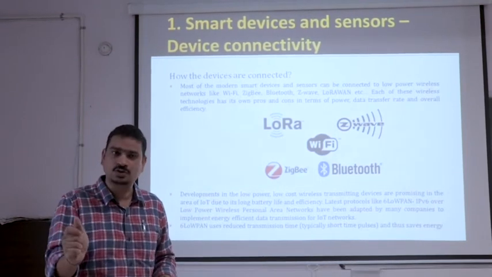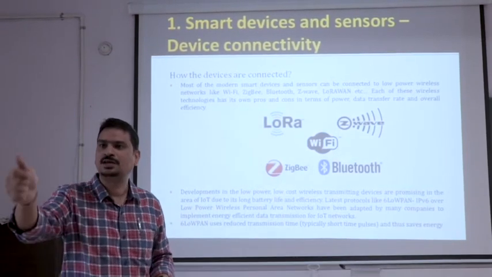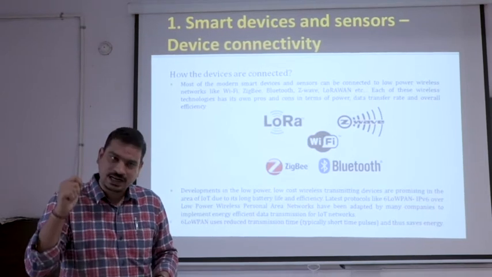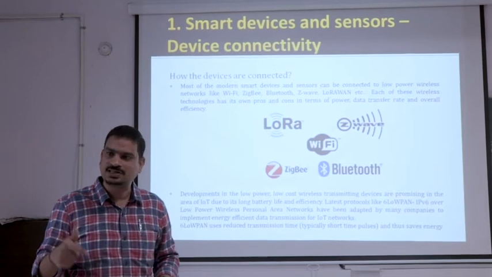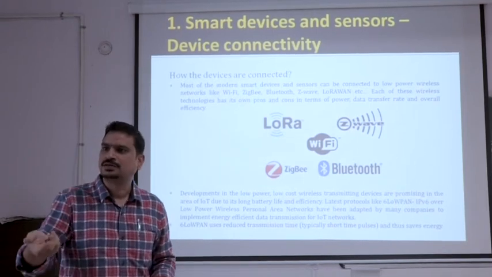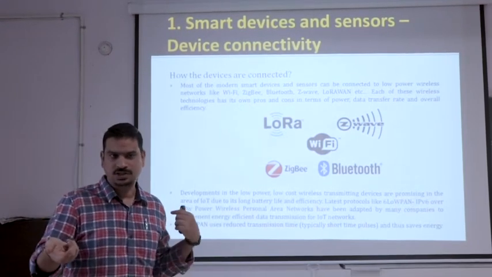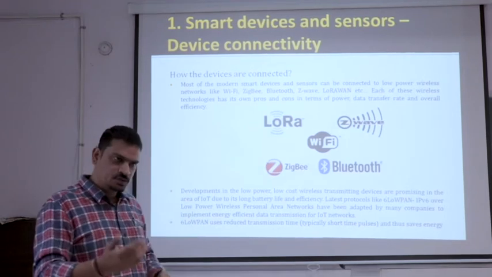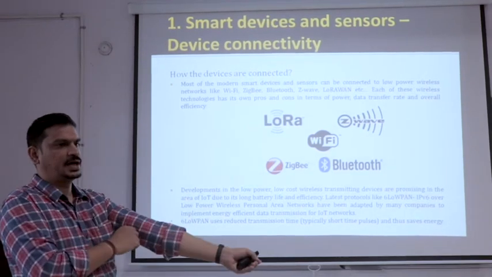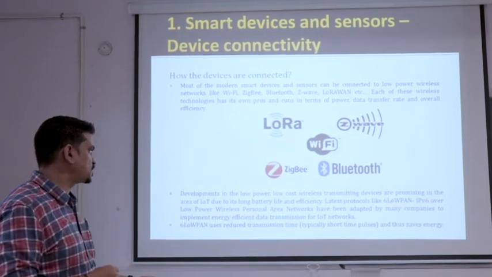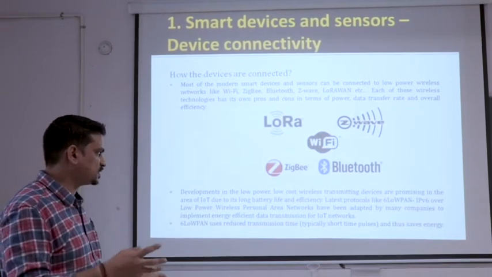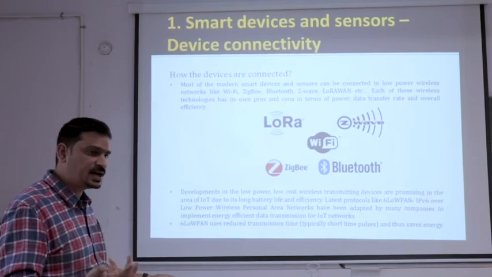So we have to control that a very small number of transmissions and receptions should be there. You have to make sure that when you are sending the data, it uses low power technologies like this. In the latest era, we are using 6LoWPAN. 6LoWPAN, where 6 is for the IPv6 standard.